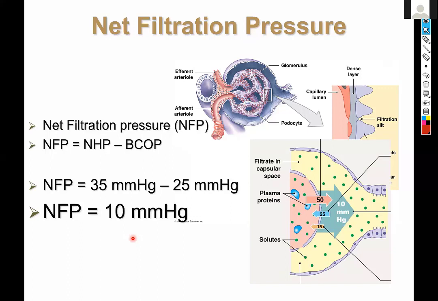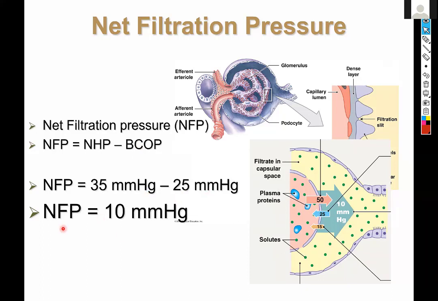So once again, to calculate net filtration pressure, in total, you take net hydrostatic, which is 50 minus 15, which is 35, minus blood colloid osmotic pressure, which really should be net colloid osmotic pressure, but because filtrate colloid osmotic pressure is considered to be 0, the 0 falls away and you just have that 25 by itself.